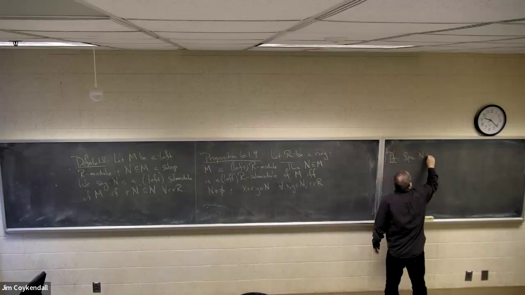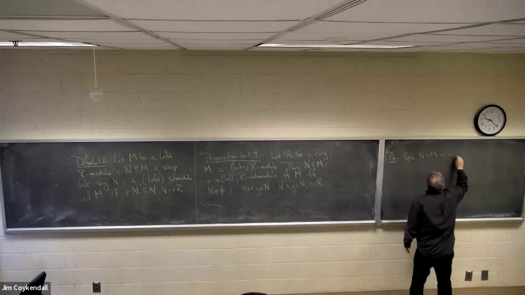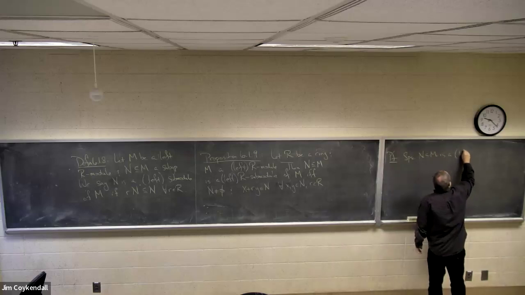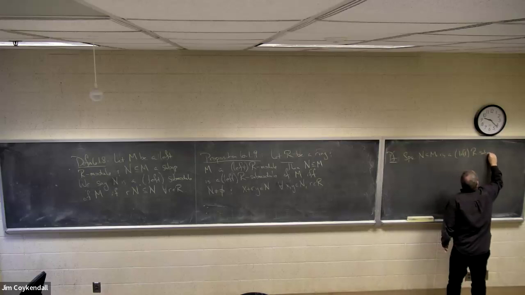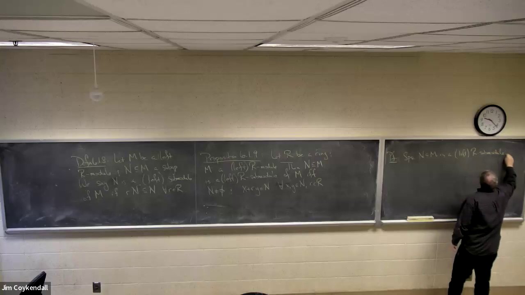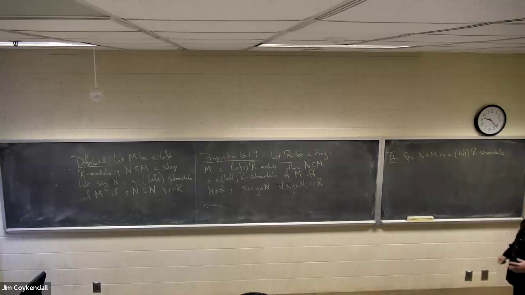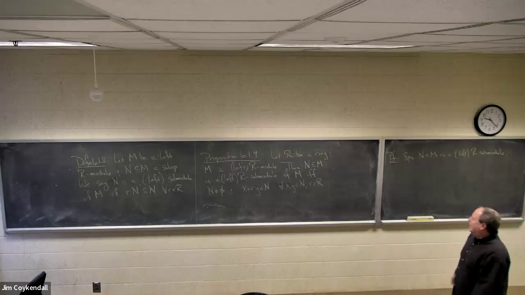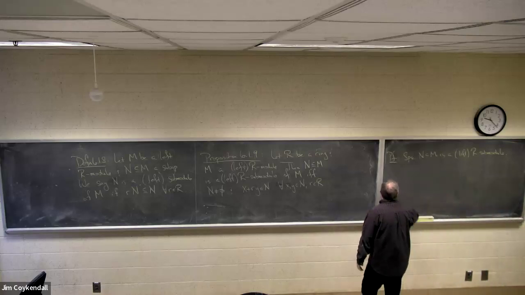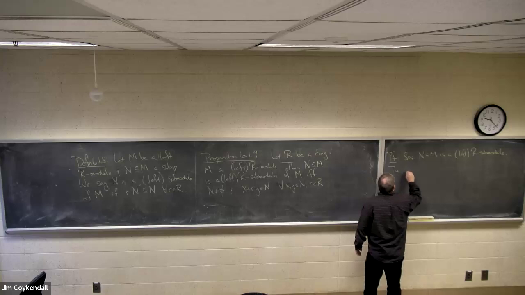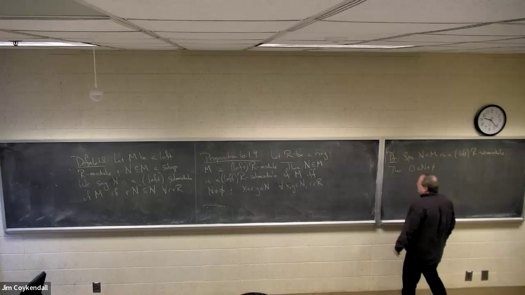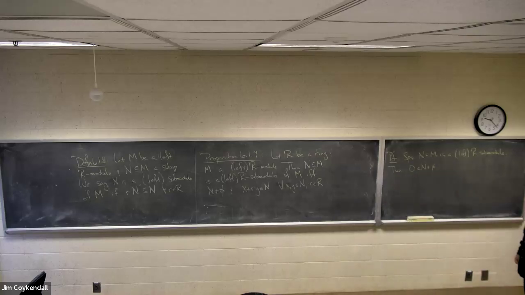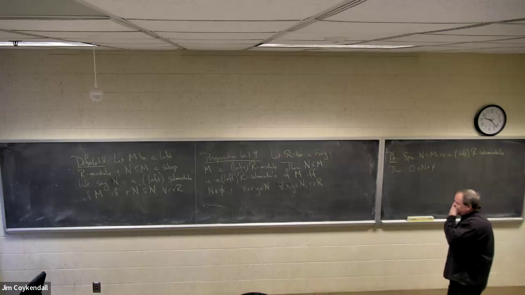Let's first assume that N is a submodule. Then 0 is in N. So N is not empty, right? Because it's a submodule, it's got to at least have 0 in it, so it can't be empty.